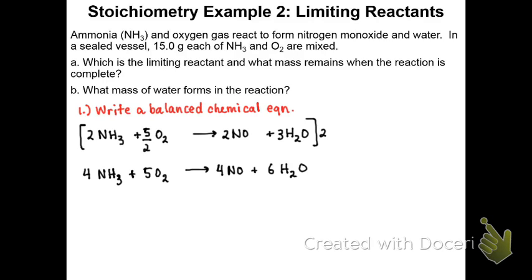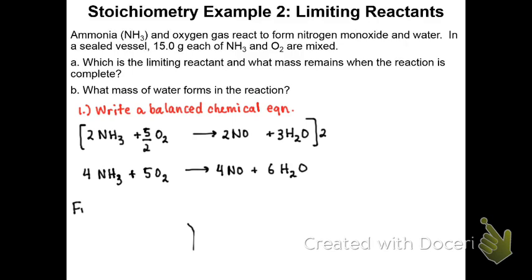So now that we have the balanced equation, this can tell us something about the required stoichiometric ratio. So we know that we're starting out with 15 grams of ammonia and oxygen, but we don't know how much that is in moles yet. So the first thing that we want to do is evaluate how many moles of oxygen we need to react with X number of moles of ammonia.